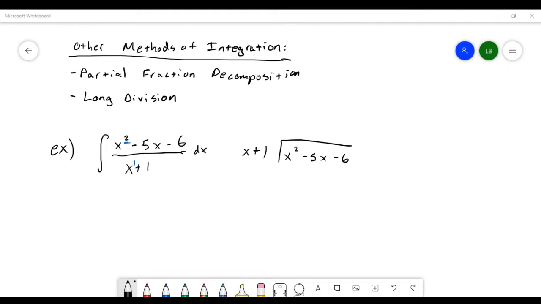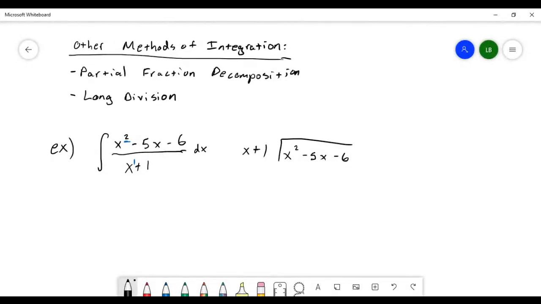Okay, cool. Yeah, polynomial division, it's useful to know. We can actually just go ahead and do this division that this fraction represents.